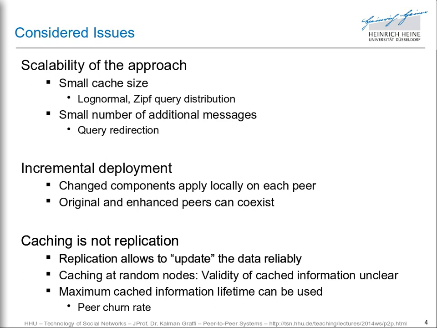And this is the main point: as we are caching on random nodes, the information could be outdated, and this is a bigger problem. We can, for example, insert something like a maximum lifetime of a cache entry, but still we are not sure to get the updated information.